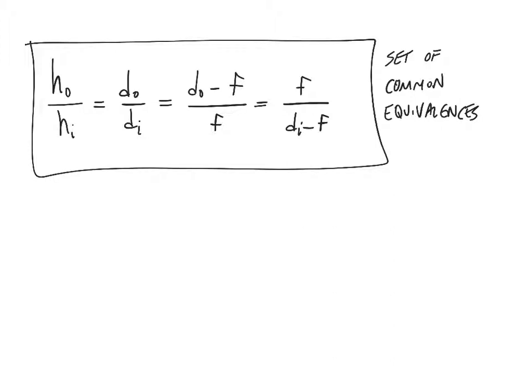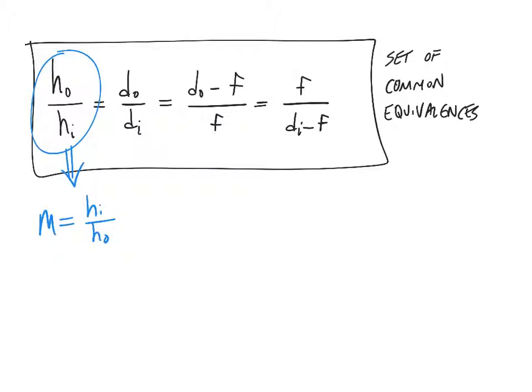We have a magnification ratio that is the inverse of this one here. Okay? So let's think about it. Image height per object height. The image height is the thing that's not real.